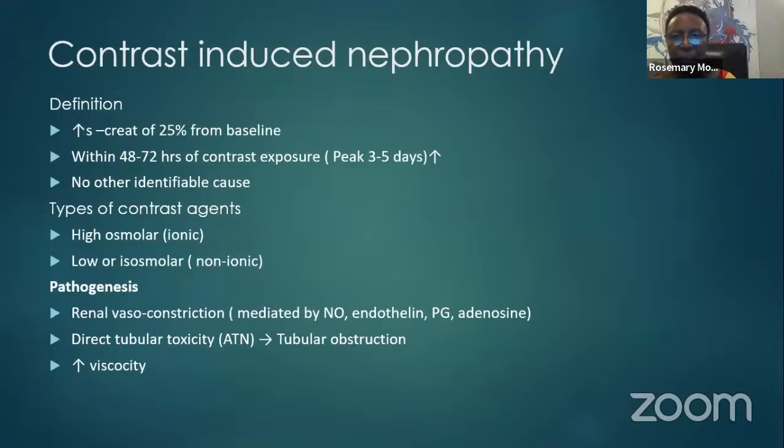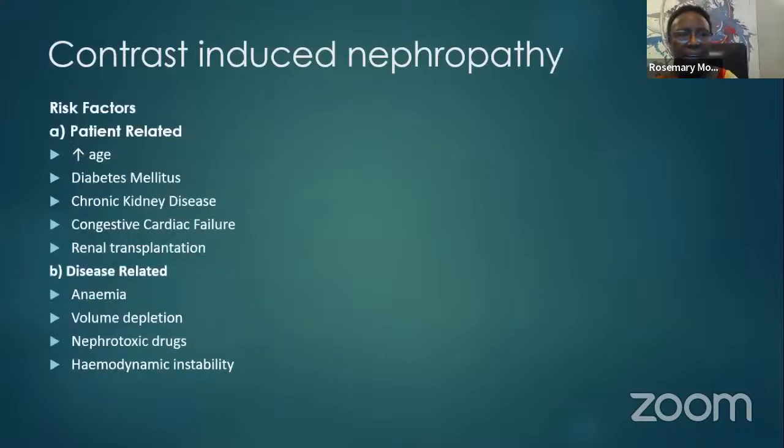So there's basically going to be all those mediators playing a role. Your direct tubular toxicity, okay, from your tubular obstruction, high viscosity, that is of the contrast agent. And then we've got risk factors for the contrast-induced nephropathy.